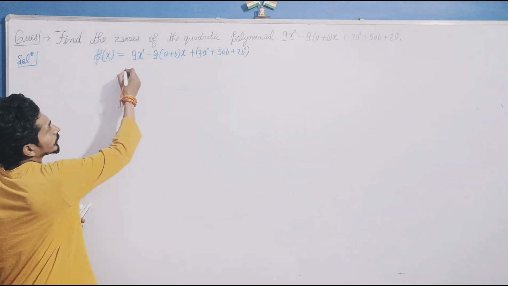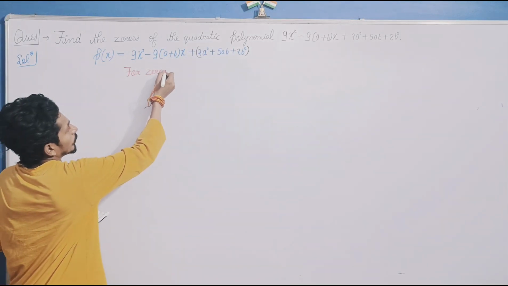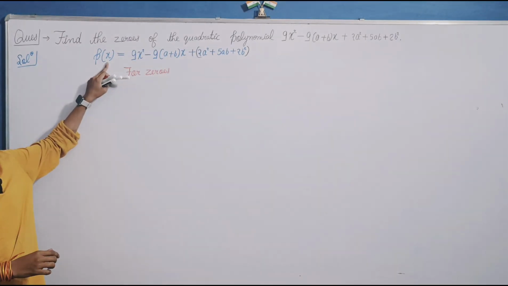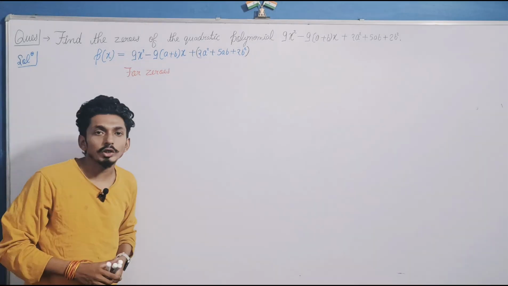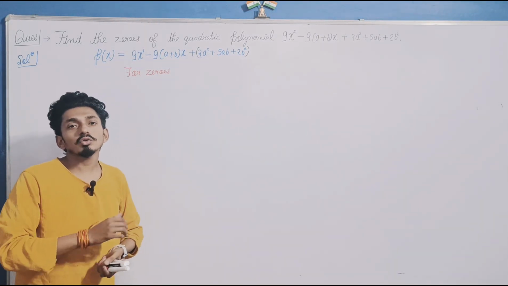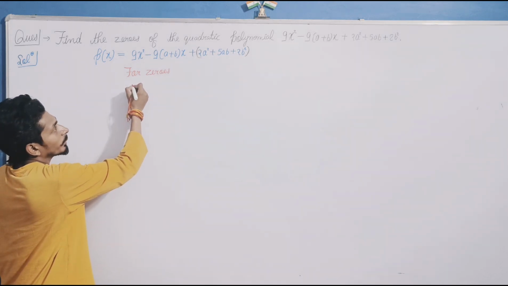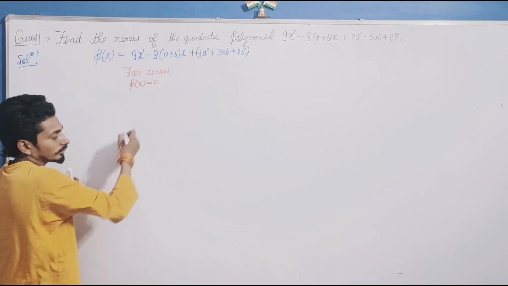Okay, now we find the zeros of this polynomial. So for zeros, what is zeros? Those values of x for which p(x) is equal to 0 are known as zeros of that polynomial. So here for finding zeros, we take p(x) equal to 0.